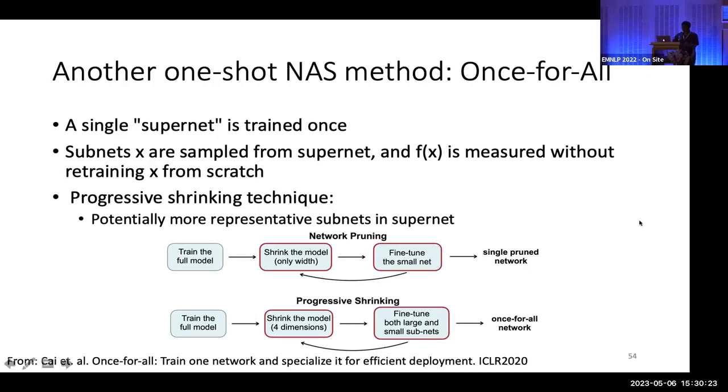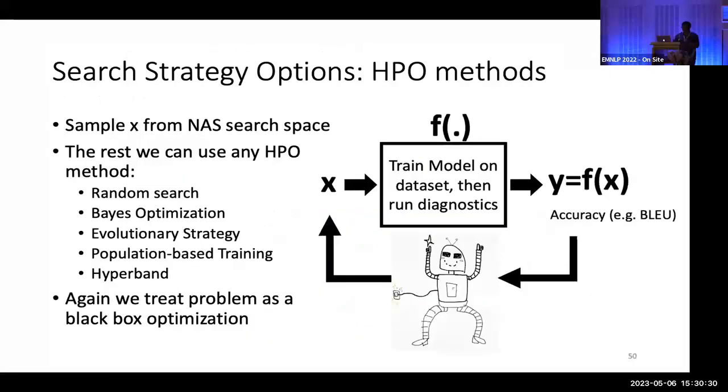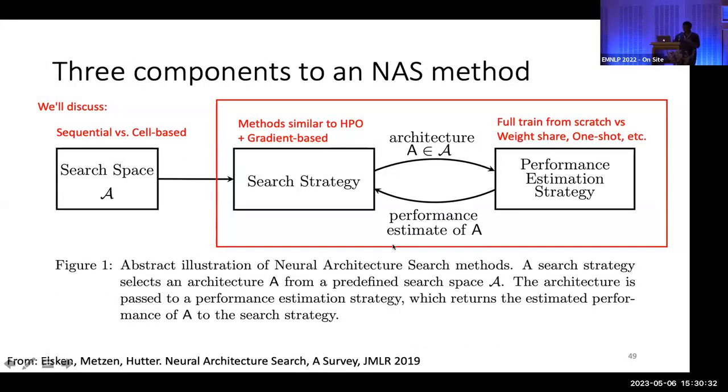When you train a very big network, maybe I should explain it this way. If you go back here, we're going to train a very big network, and from it we're going to sample a substructure. The assumption of this kind of one-shot method is that after you sample this subnetwork, you do a little bit of fine-tuning on it, and that's sufficient to give you a performance estimate.